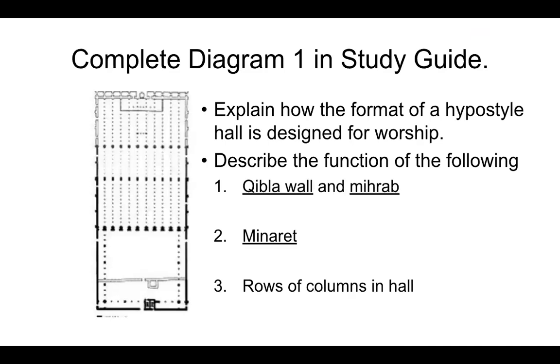And so in your study guide, I have this really basic diagram of a hypostyle mosque. I think it's probably really helpful if you have your study guide to try to label the parts of this mosque. Now, we will have a mosque plan for the mosque. Actually, we don't have a mosque plan for the mosque of Cordoba, but it's in this format.